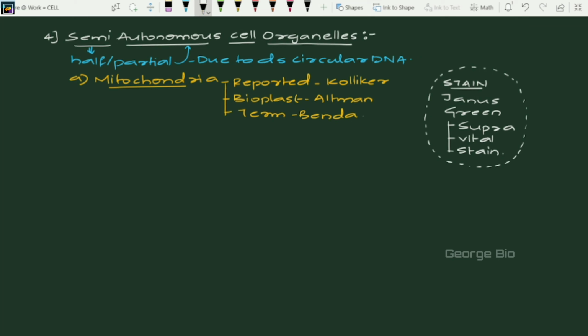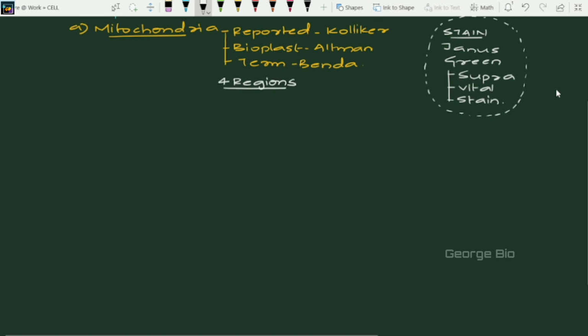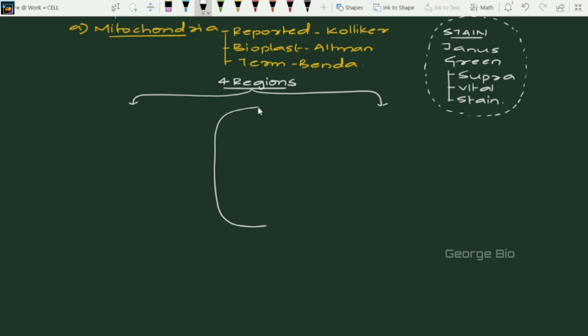Now, if you observe the structure of mitochondria, it consists of 4 regions, and these 4 regions include 2 compartments and 2 membrane systems. On the left side, we'll take the compartments. On the right side, we'll take the membrane systems. So it consists of 4 regions. Number 1 is the outer mitochondrial membrane.